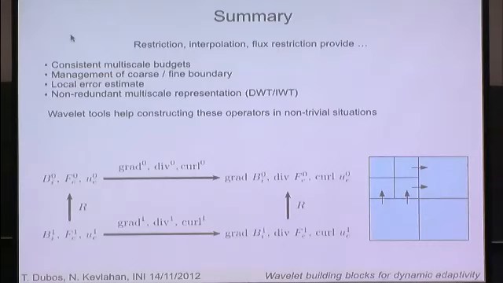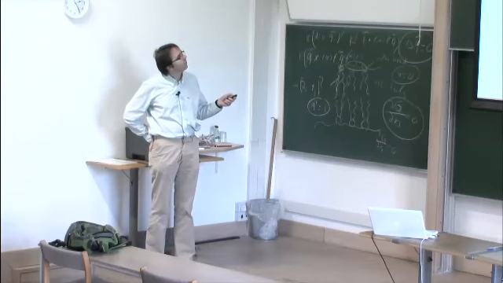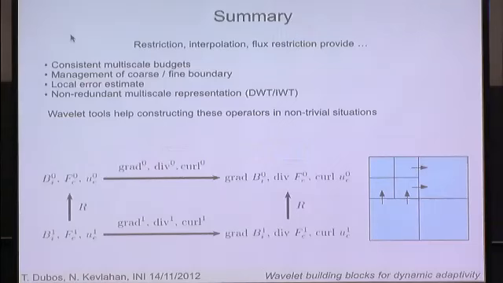There are many other ways to manage coarse-fine boundaries, but that's one way. They provide local error estimates. And they provide a non-redundant multiscale representation. So that can be useful in non-trivial situations like the hexagonal grid.